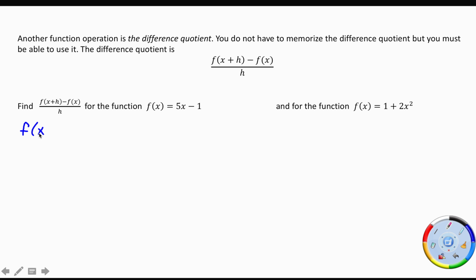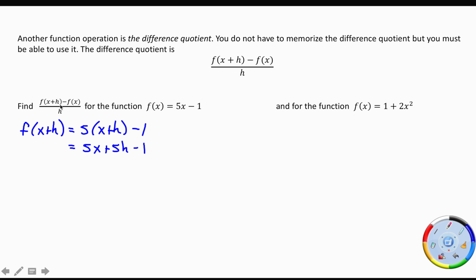Let's find f of x plus h. Remember what that notation is. That just means I'm going to take the function f, but everywhere there's an x, I'm going to replace the x with x plus h. So 5 times x plus h minus 1. So f of x plus h is 5x plus 5h minus 1.